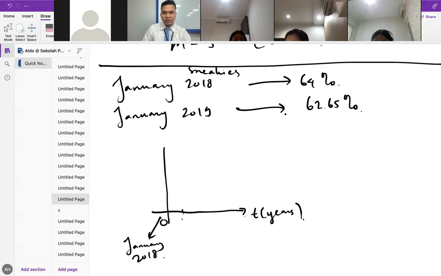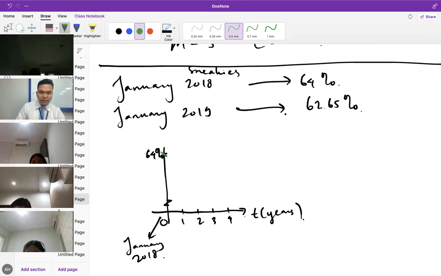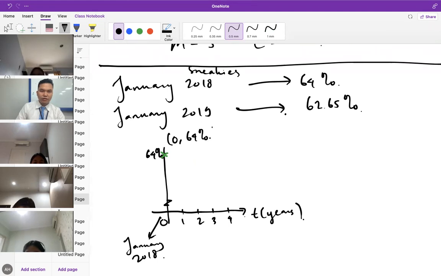And then this one is 1, 2, 3, 4, and so on and so forth. Let's say this is 64%. So (0, 64) is the coordinate. The one that I put in green is the coordinate of (0, 64%). So 0 year in this case is telling us about January 2018.